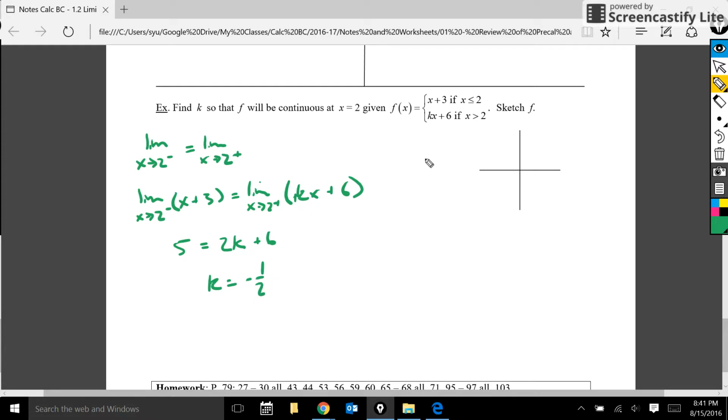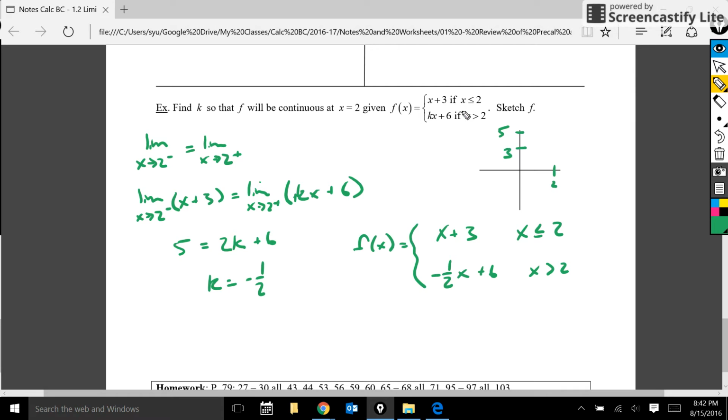Alright, so if I take this k and I plug it in, my new function is really x plus 3, and then negative 1/2 x plus 6, and then all this other information. Alright, so let's graph this. I know that I have some important points at 3, and then at 5, at 2, 5.